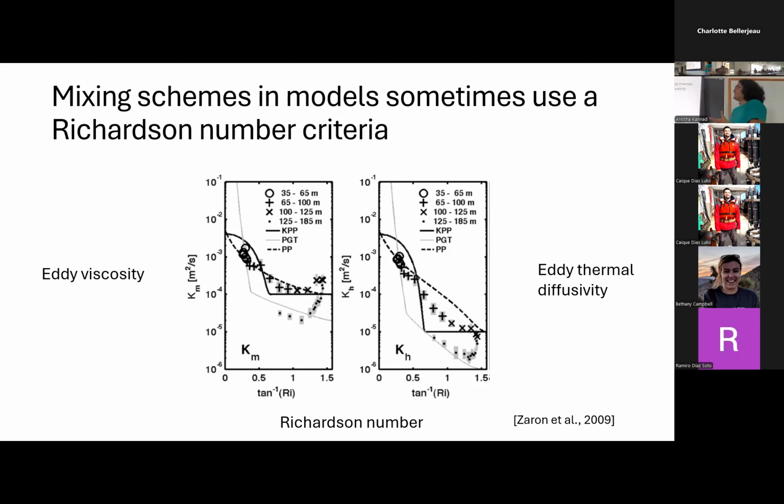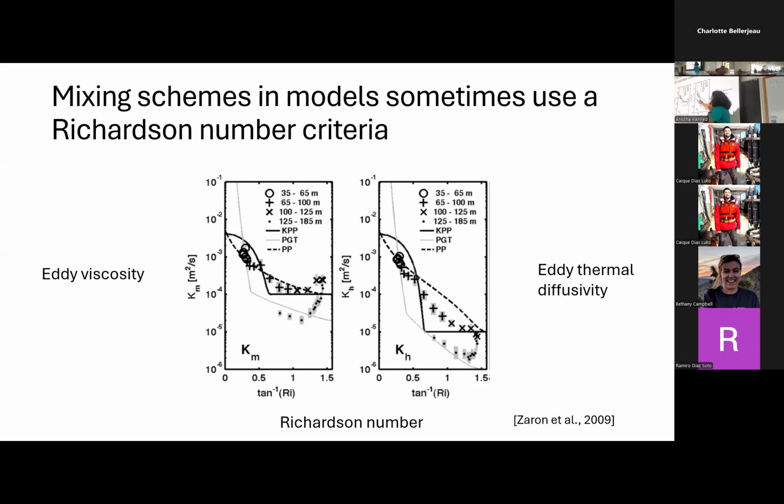a Richardson number criteria. We'll just focus on the KPP here. And this is showing you measurements of eddy viscosity and thermal diffusivity, again, measures of mixing we'll talk about, as a function of Richardson number. And you can see the observations are these different dotted lines or scatter plot.